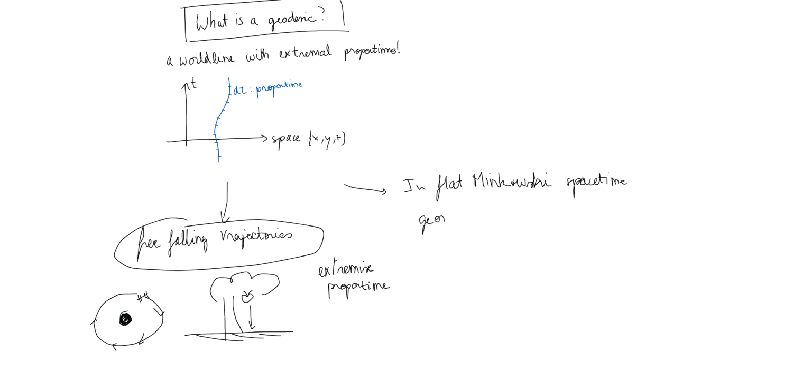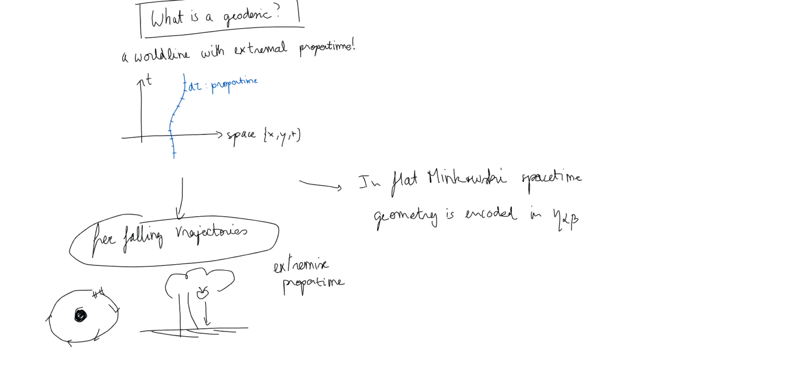So the geometry is encoded in eta alpha beta, which is diag(-1, 1, 1, 1).